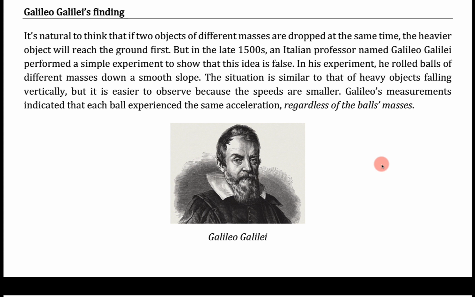So to answer the question of what acceleration an object in free fall experiences, we need to talk a bit about the work of an Italian scientist named Galileo Galilei. I'll have more to say about Galileo later in this course.